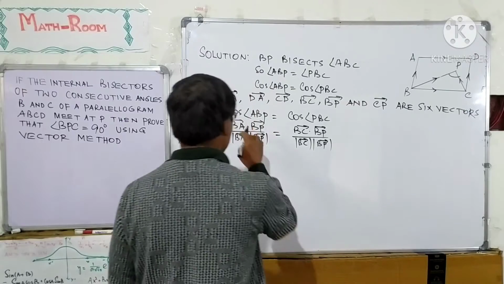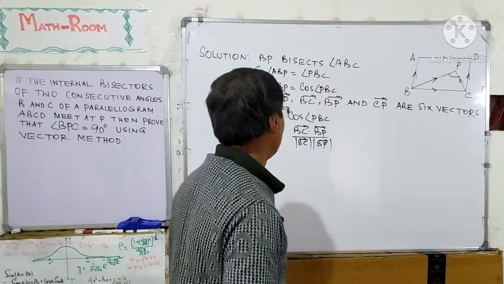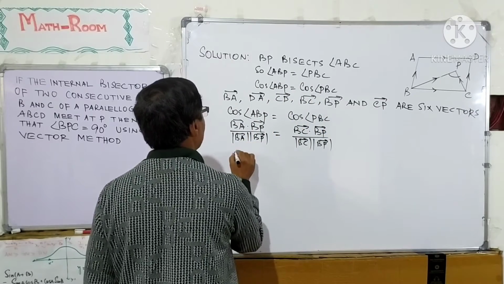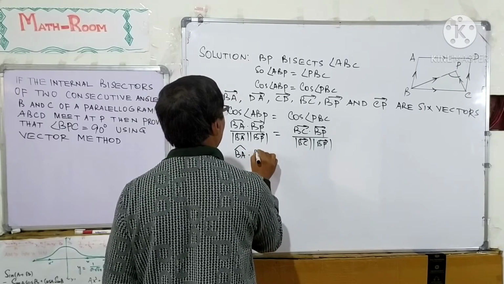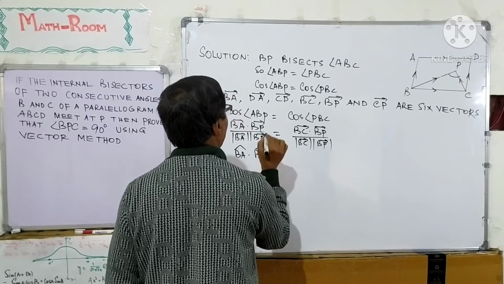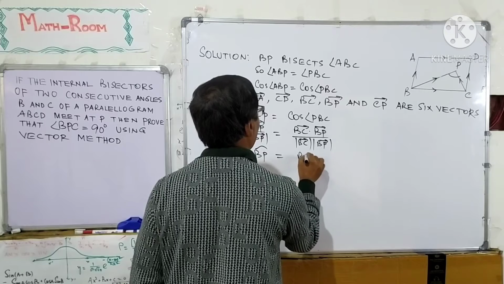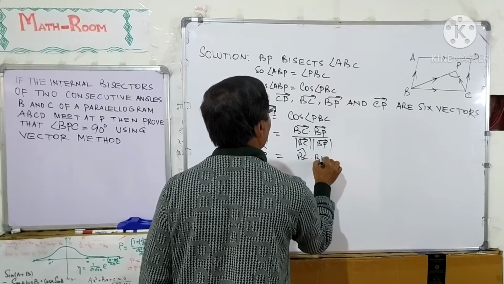Now, BA over the magnitude of BA is called the unit vector BA, that is BA cap. So BA cap dot BP cap equals BC cap dot BP cap.